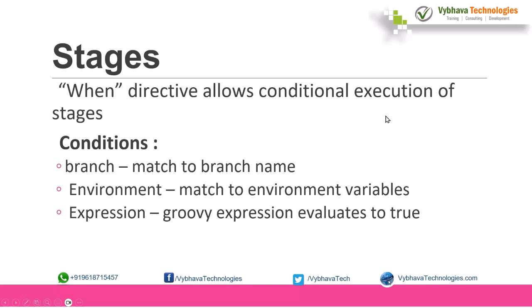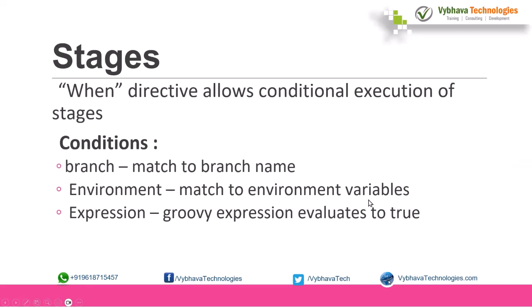Stages. When you are defining the stage, there is the when directive. The when directive allows conditional execution of stages. The condition can be any branch. If the branch matches, then that will work. If the branch changes something, that is also possible.